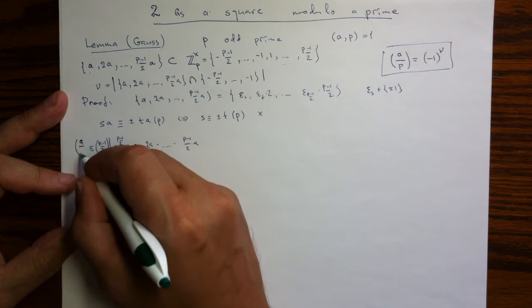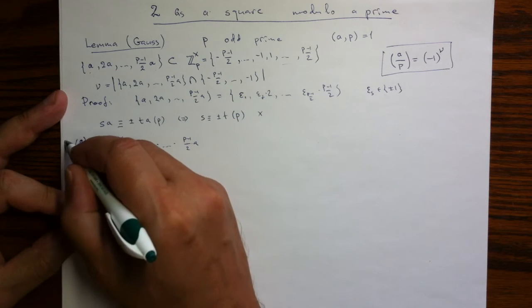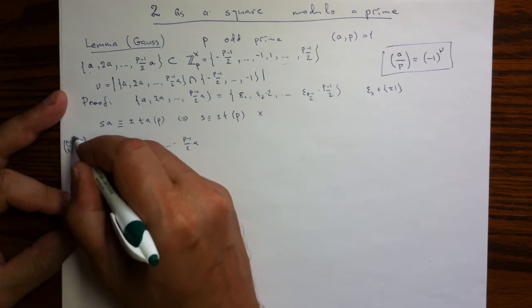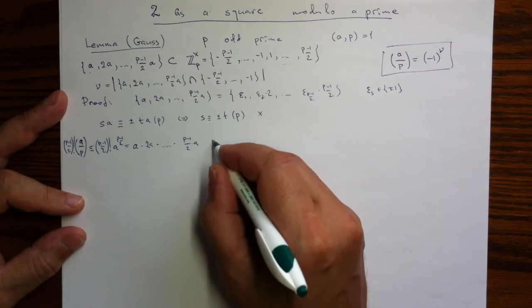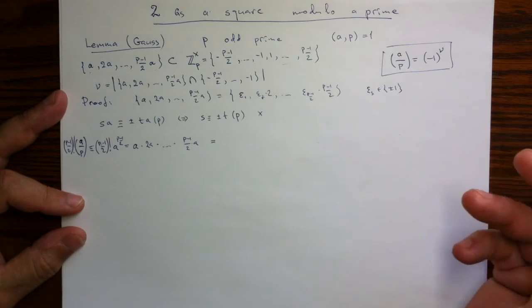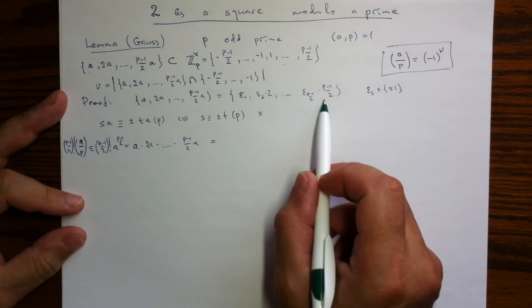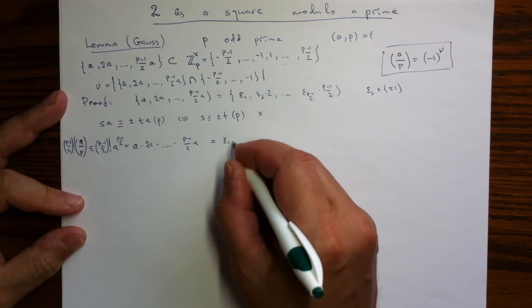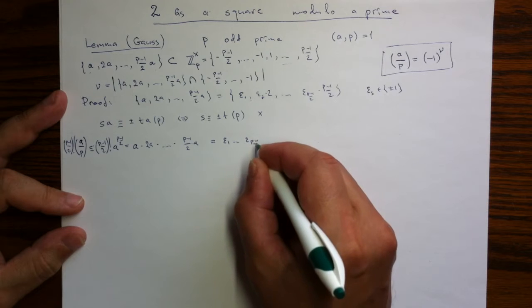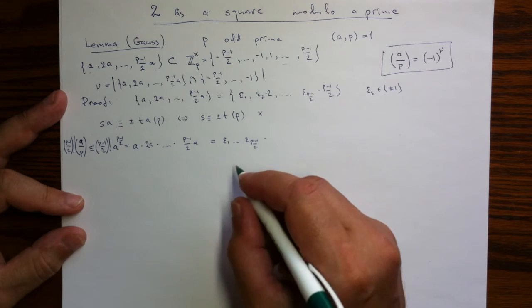So that will be the Legendre symbol with respect to p times the factorial. But knowing that this set of numbers is the same as this set of numbers, I'm done, because now I just take the product of all epsilons, multiplied by the same product of 1, 2 up to (p-1)/2.